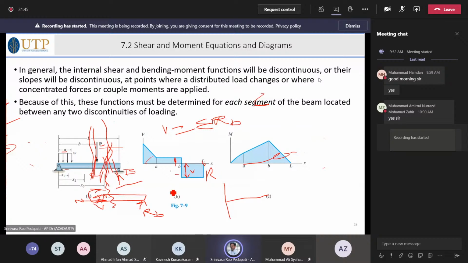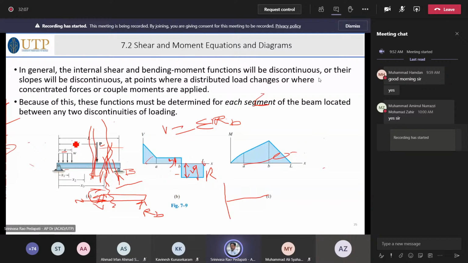Just for clarity, let me assume R as 9 and P equal to 12 kilonewtons. Therefore P minus R is 12 kilonewtons minus 9 kilonewtons, that is 3 kilonewtons. On a scale this is minus 9 plus 3.